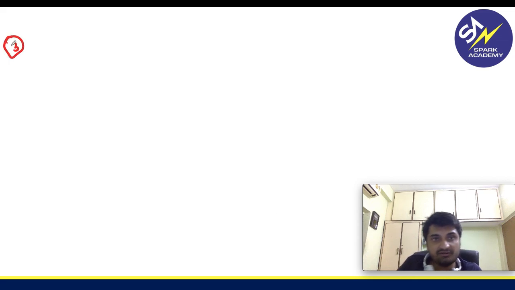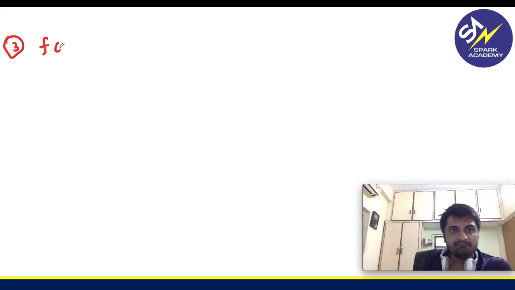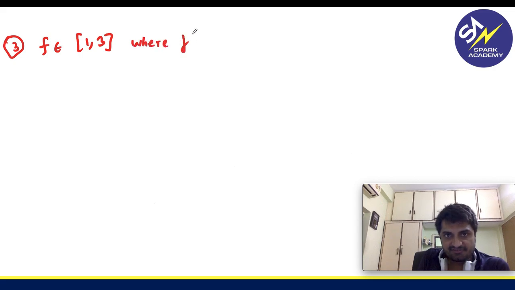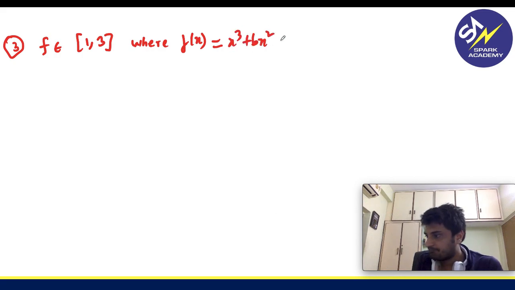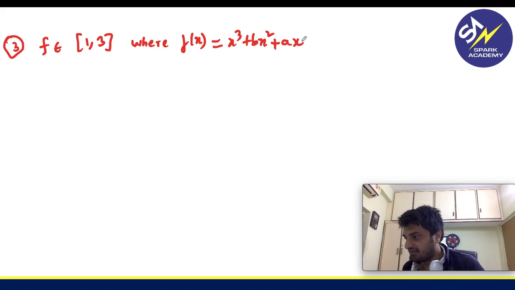So the third question. Let me write the question for you. If f is defined by the function on the interval 1, 3, where f of x is given by x cube plus bx square plus ax. This is what is given, guys.